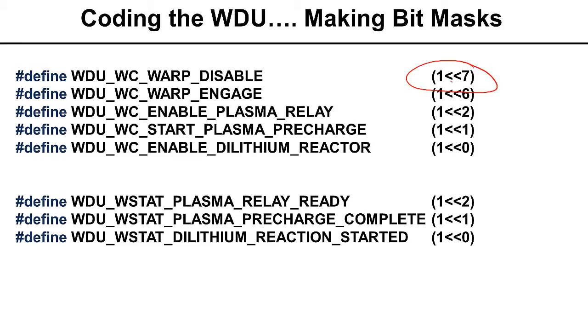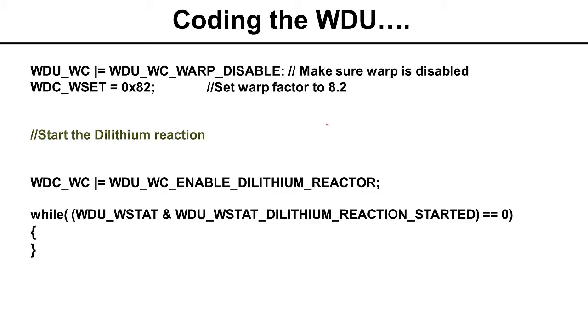I like the 1 left shift by the bit location you want. You don't have to. You could use hexadecimal or decimal. I prefer, and you'll find that a lot of programmers prefer, this notation. So all I do is I simply have all these defines, and I include that in my C file.